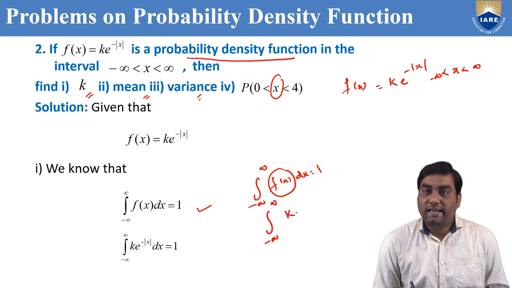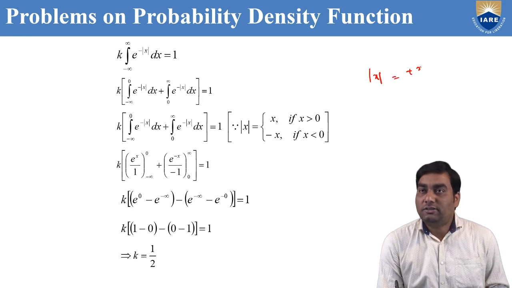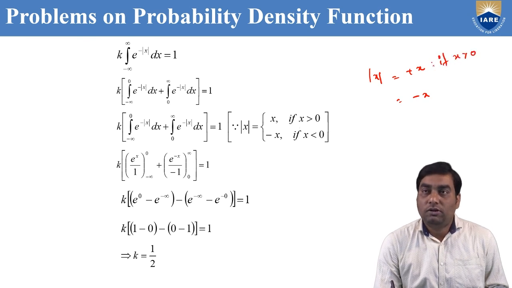From the question, integral of k into e power minus mod x dx equal to 1. But the mod x value may be plus x or minus x. If x is greater than 0, mod x will be plus x, and if x is less than 0, mod x will be minus x.